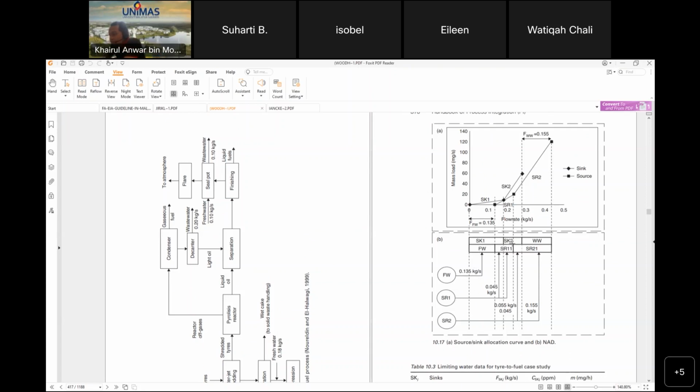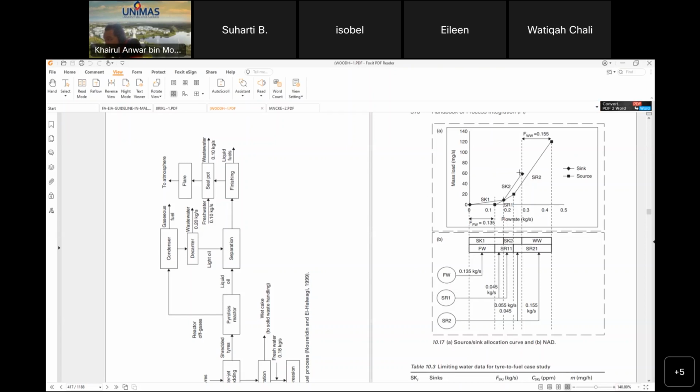While SK1 is comprised of source 1 as well, partial source 1. So source 1 for SK1, sink 1 here, is 0.045 kilogram per second.